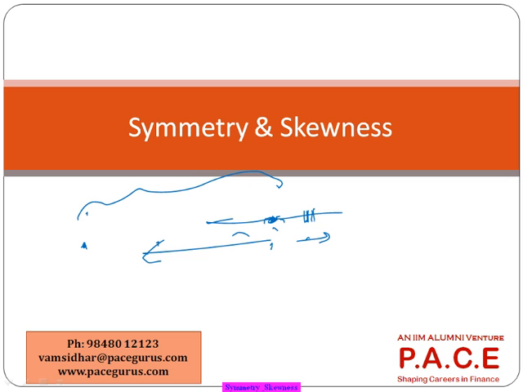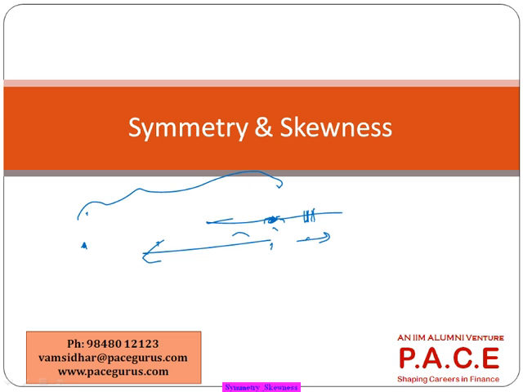Because we do a squaring, we don't know whether the deviations are more towards the left or towards the right. So I need something which gives a positive as well as a negative value to understand the pattern in the deviation. If the deviations are uniform both to the left and to the right, I call that symmetrical. But if it is more to the left and less to the right, or more to the right and less to the left, we say there is some level of skewness present in the data.